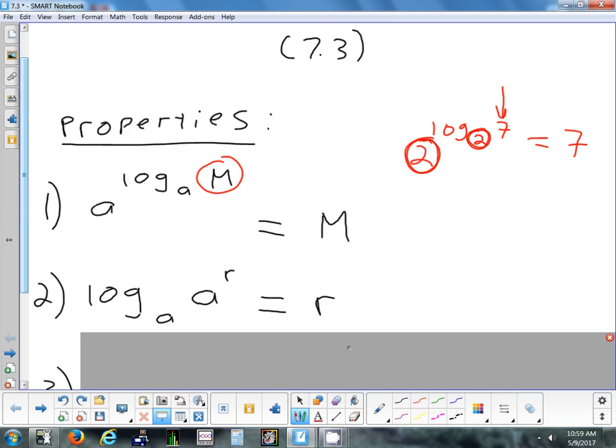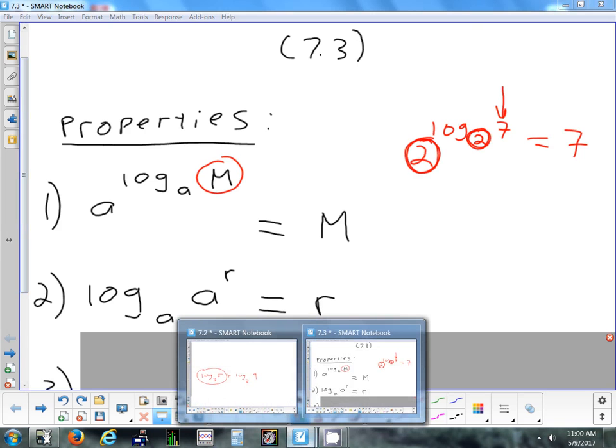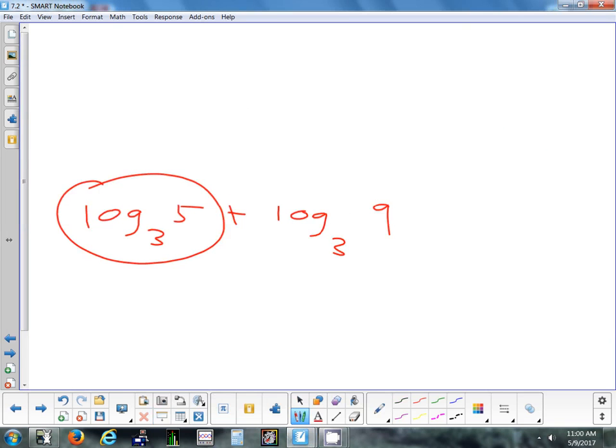It says log base a of a to the r. And this is the one that Michael asked me about in the homework. In the homework, I think the base was e? Yes.